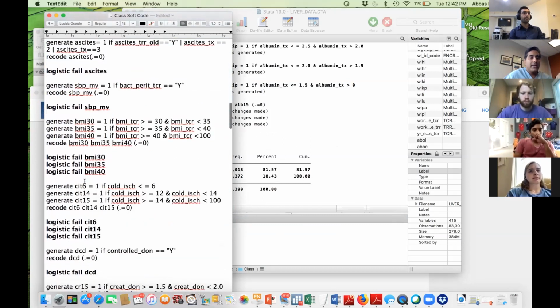Okay, and so that was an example of a reference on the higher range: 2.5 and above was a reference. Now this is BMI, so what do you guys think the reference is here? Low BMI, below what, 30, I guess? Yeah, below 30.